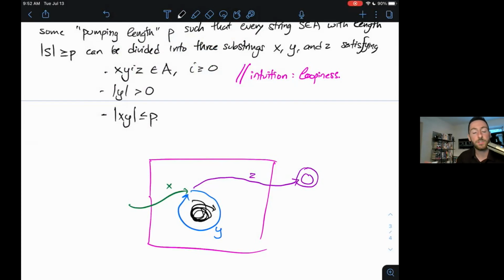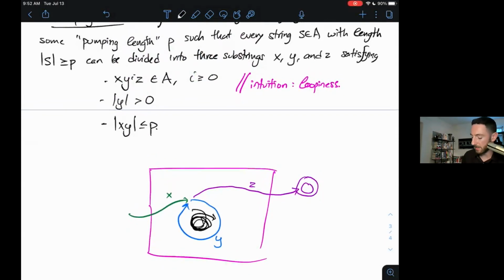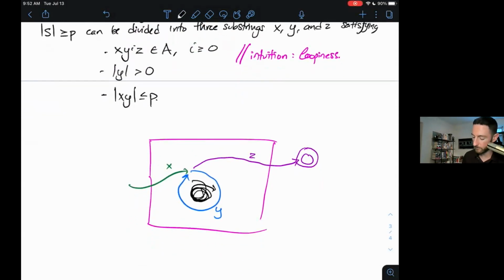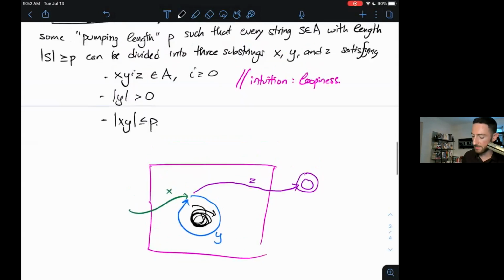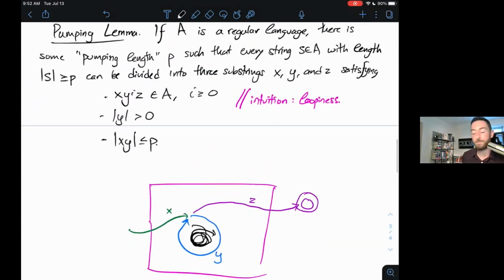And the length of XY is less than or equal to P because we have to get to a loop before we have seen P states, where P is the number of states in the DFA. We definitely will see a loop by the time we've seen every state. So that's our pumping lemma, and that's our intuition again.